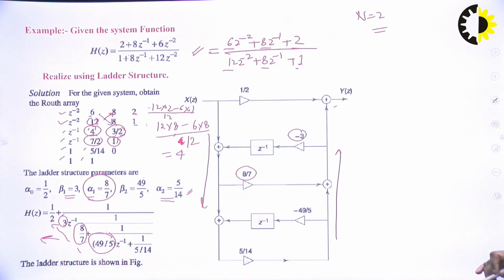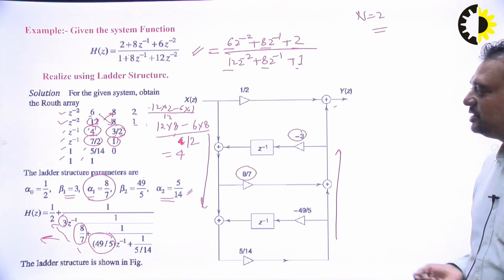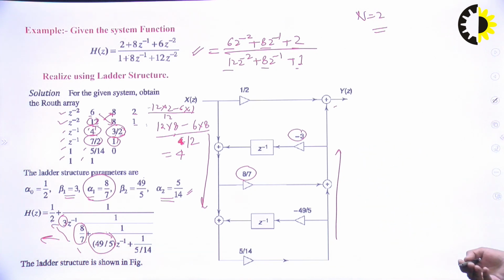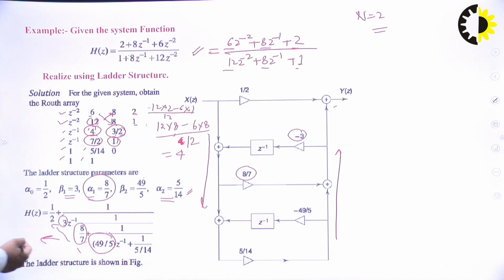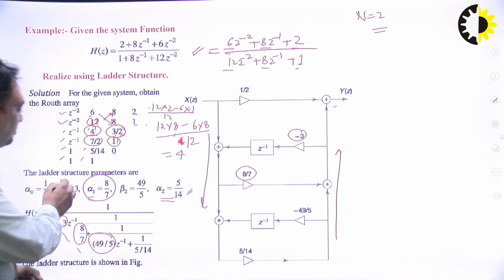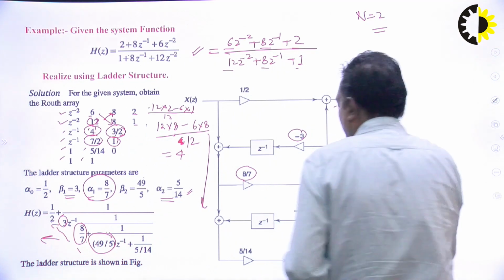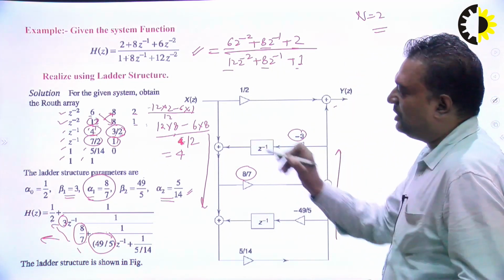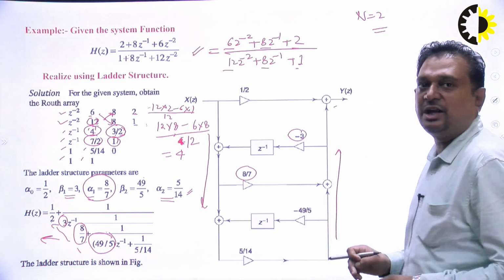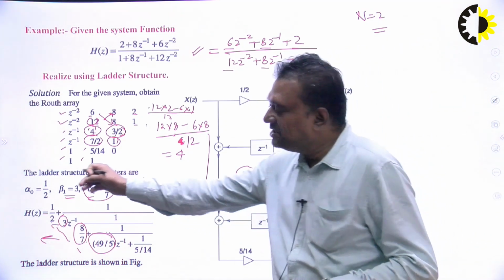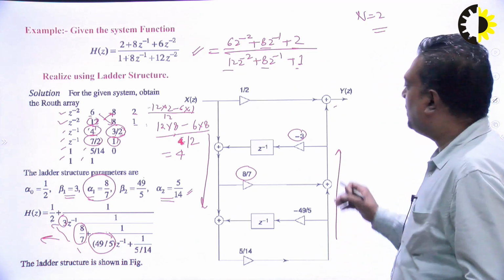Another important thing is that we have named the coefficients alpha naught, beta 1, beta 2, alpha 2. Why? We could name them alpha naught, alpha 1, alpha 2, alpha 3, alpha 4. But for distinguishing, because all the beta coefficients came in the feedback path, and all the alpha coefficients came in the feed forward path, we have given these names so that you can obtain this structure in this form.